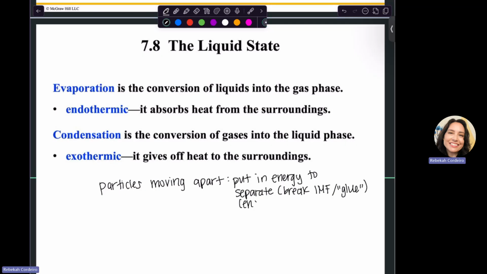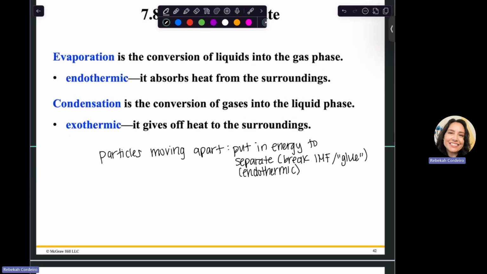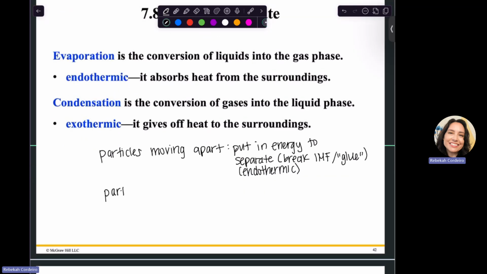So that's endothermic because we have to put in energy to break them apart. If the particles are coming closer together, you can also think about particles as speeding up with a lot of these changes, but here particles are slowing down, coming together.